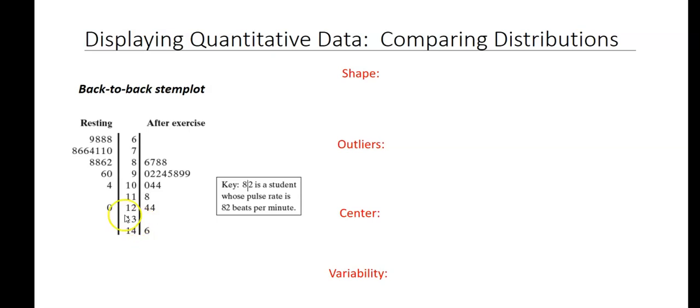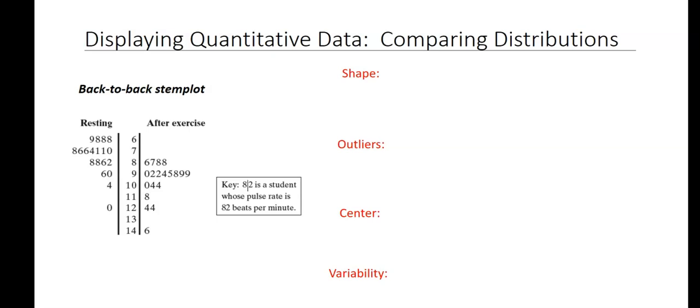The 0 next to the 12 there is actually 120 beats per minute. The 4 next to the 10 on the left is 104 beats per minute. The 0 on the right is 100 beats per minute. So even though it's on the left, you almost think of the ones on the left as the leaves that are on the right, but they just write them backwards. Notice that everything's backwards. You even go from biggest to smallest there. That's how they roll.